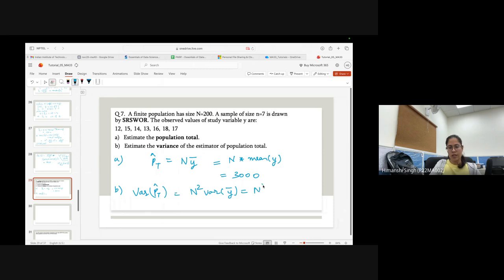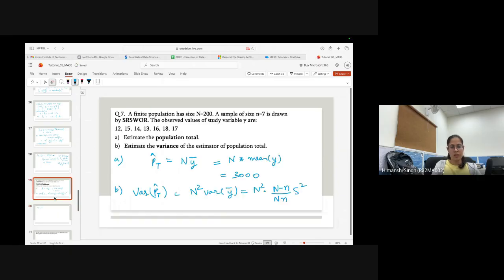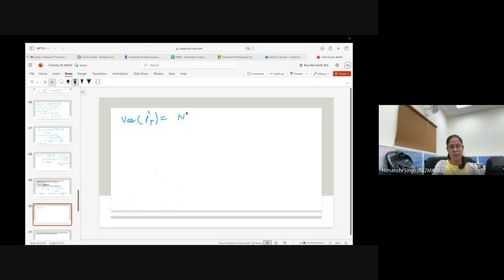That is N square into (N minus n) upon N into n, capital S square. This is the variance of PT hat.